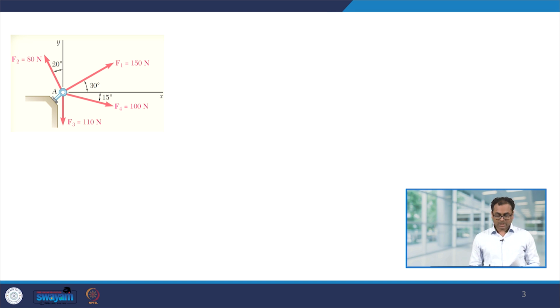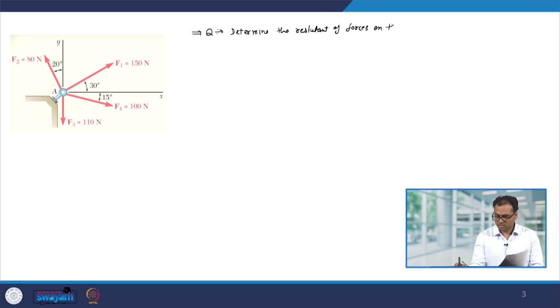Now, let us look at the concept that we have learned by a simple example. Herein there are four forces which are acting on a bolt, and the question statement is: determine the resultant of the forces on the bolt.